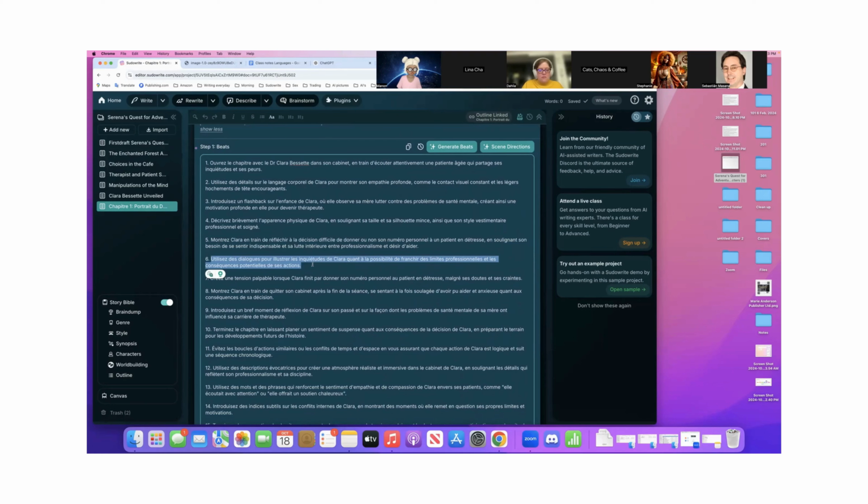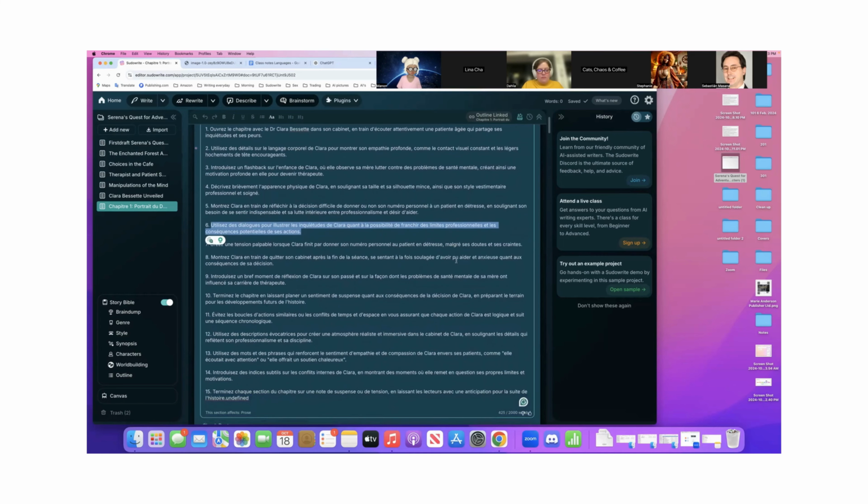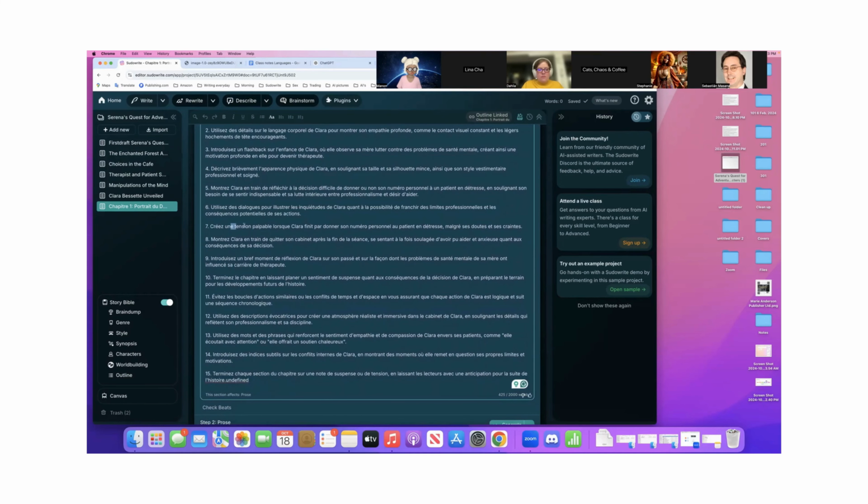Her dialogue shows how worried she is about some of her clients, that she's réfléchir. She's really thinking about it. She's looking at whether she should cross her professional limits, and what would be the consequence of her action. There is a lot of tension in the air. There's distress, doubt, des craintes, fear.